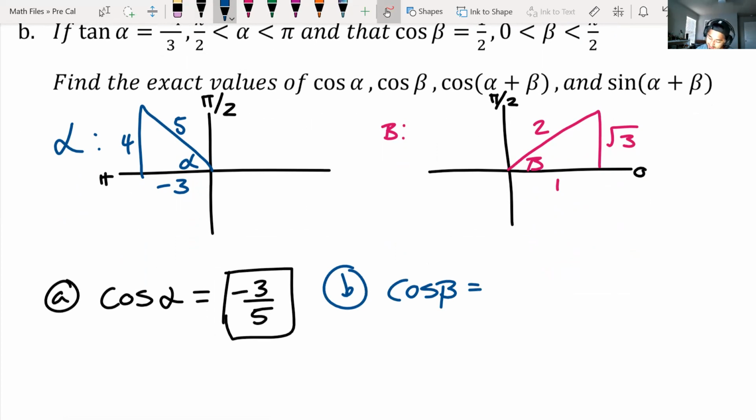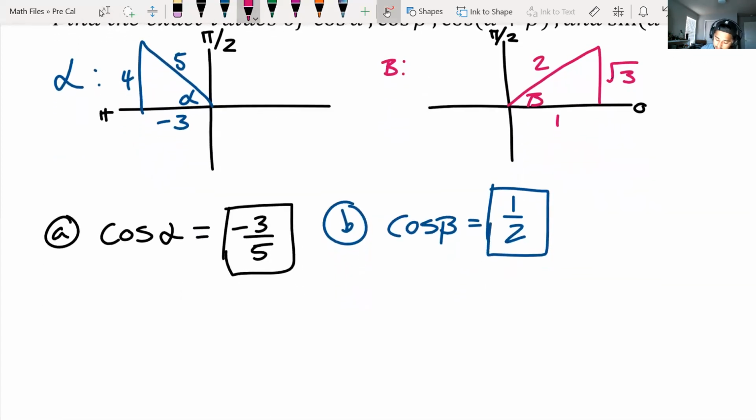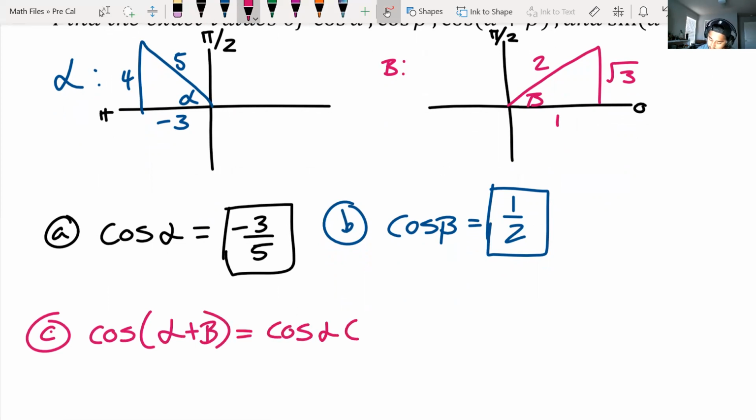We already have that, don't we? 1/2. Good. Then what is the sum formula? So C, cosine of alpha plus beta, cosine alpha, cosine beta, minus sine alpha, sine beta.